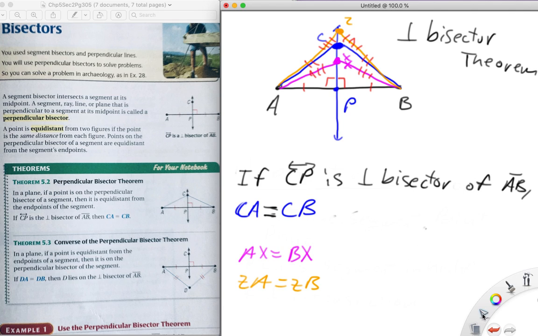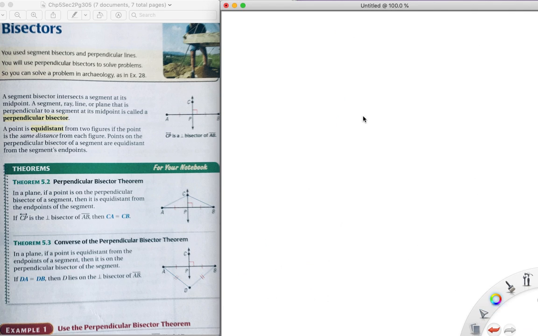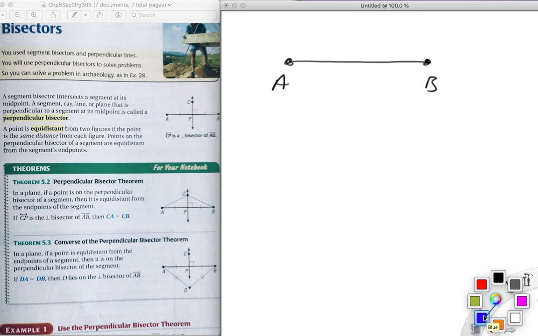I can also get a converse out of that. So let's say I have segment AB. I have a perpendicular bisector again at CP.